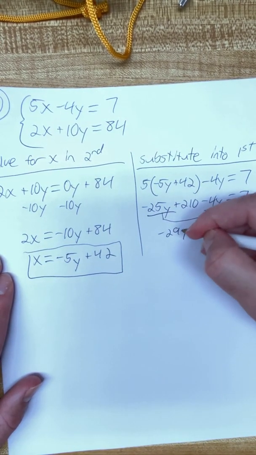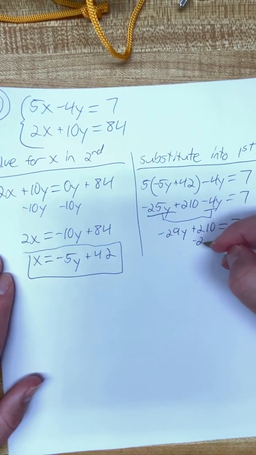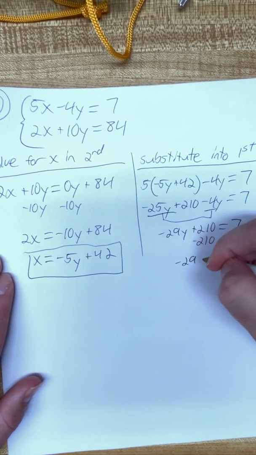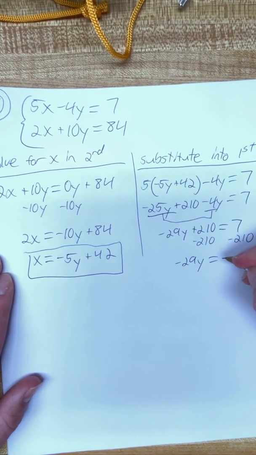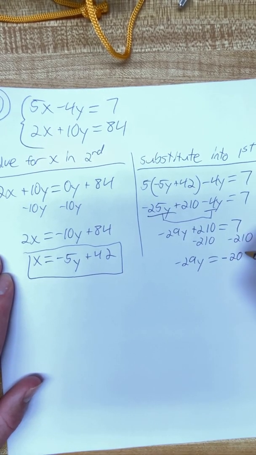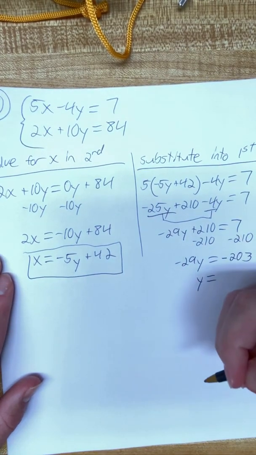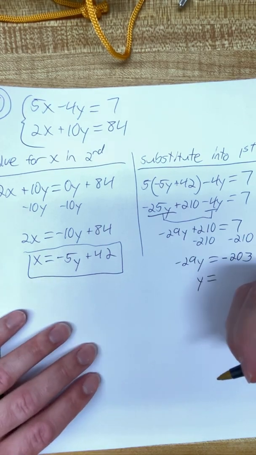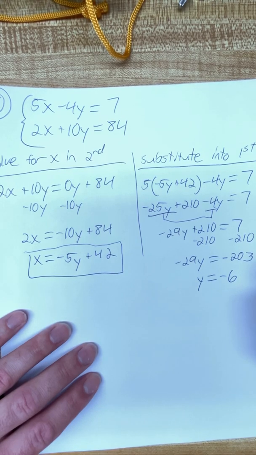It's going to be -29y plus 210 equals 7. Subtract 210 from both sides. So y is going to equal -6 then.